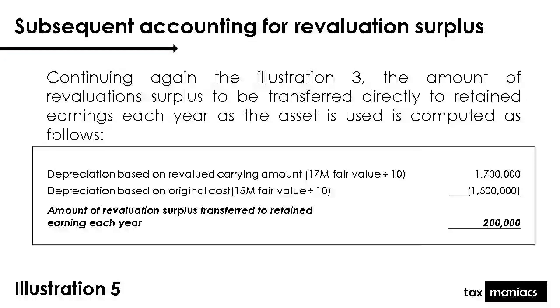We also have depreciation based on original cost of 15 million carrying amount divided by its useful life of 10 years. We get 1,500,000. Then, if we subtract depreciation based on original cost from depreciation based on revalued carrying amount, we get a 200,000 amount of revaluation surplus transferred to retained earnings each year.